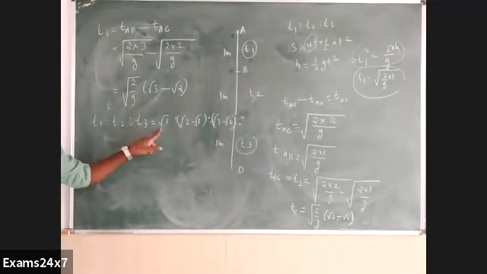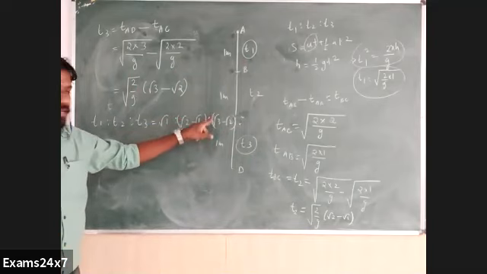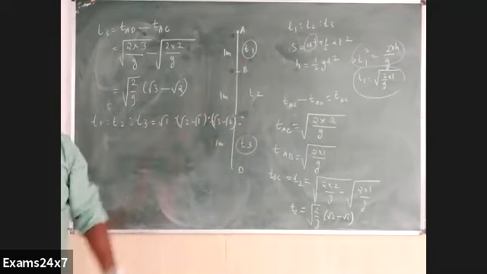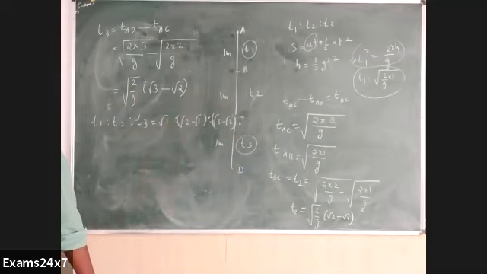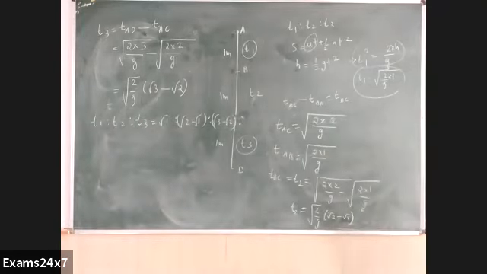It is root 1 is to root 2 minus root 1 is to root 3 minus root 2 is to, etc. Next one will be root 4 minus root 3, next root 5 minus root 4, next root 6 minus root 5, next root 7 minus root 6. It goes like that. The ratio is like that.